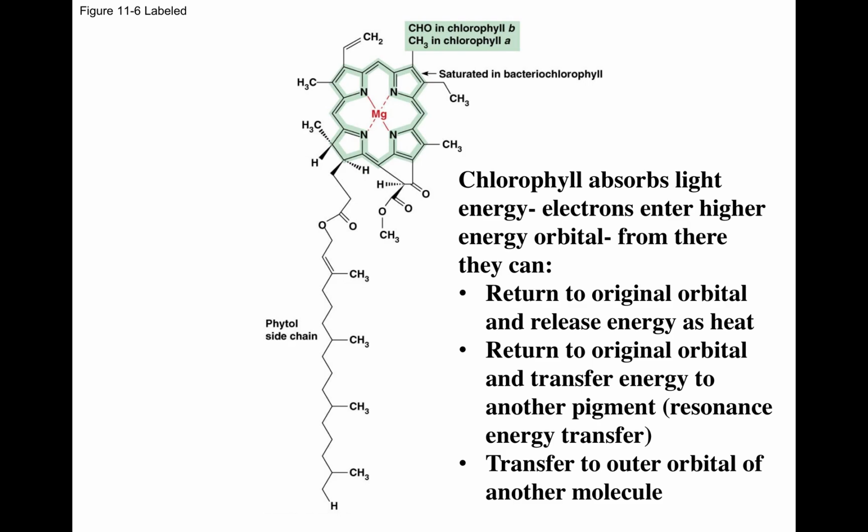When photons get absorbed by the chlorophyll molecule, their electrons enter a higher energy orbital, and then they'll fall back down to where they started. And when they fall back down to their original orbital, they'll release the energy that they absorbed.